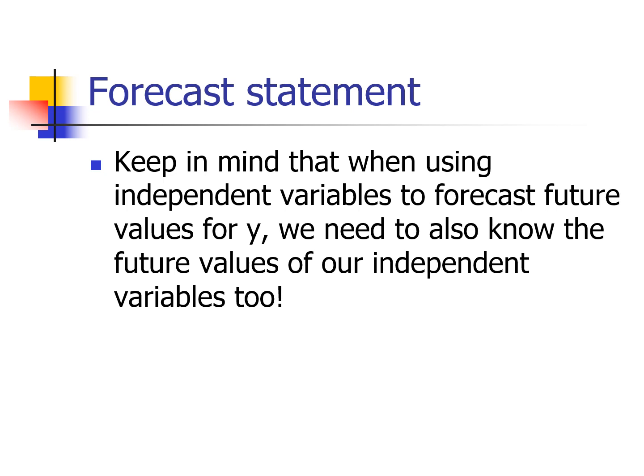Now, a couple of things when we're fitting these types of models. The forecast statement: keep in mind that when we're using independent variables to forecast future values for Y, we need to know the future values of the independent variables. So if I'm saying Y is a function of some X's and I want to forecast Y 8 time points into the future, I need to know what my X's are 8 points into the future.